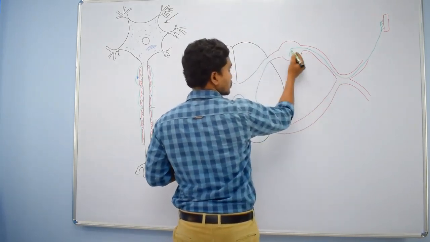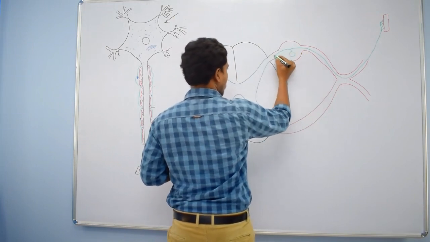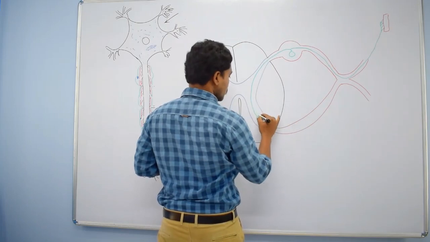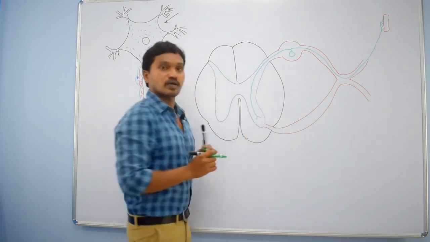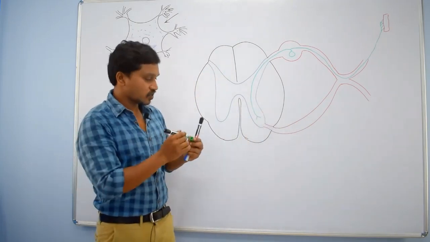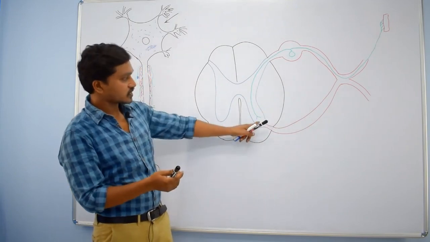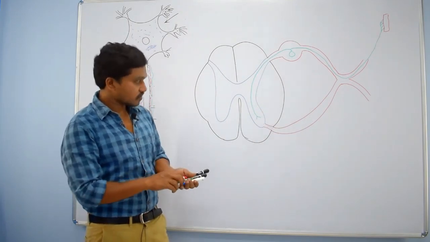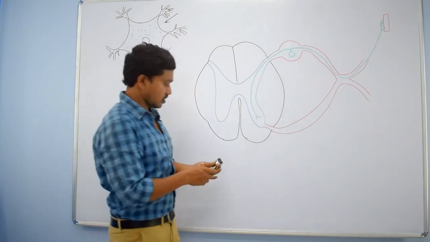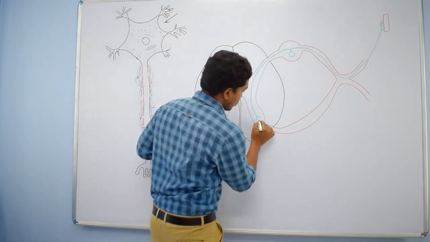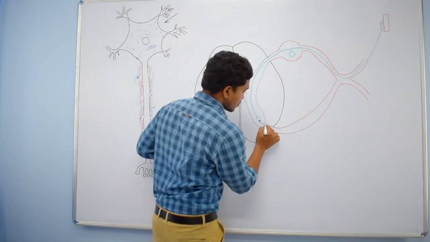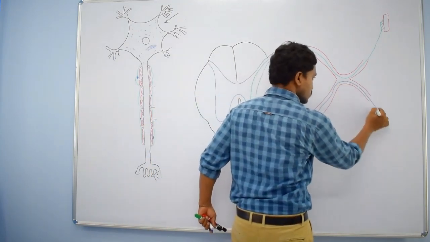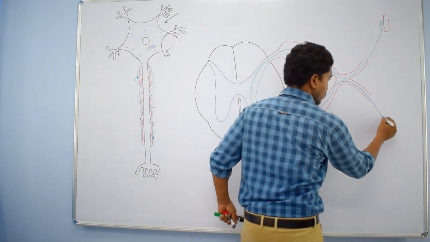This is the peripheral process and this is the central process, and it comes forward and synapses with the motor neuron present in the anterior horn. From here the anterior horn cells take motor impulses and reach the target organ.